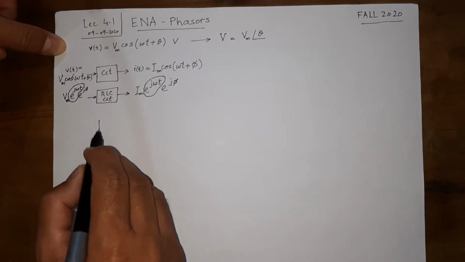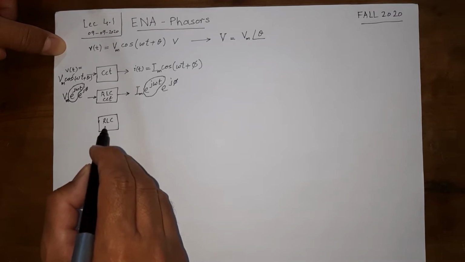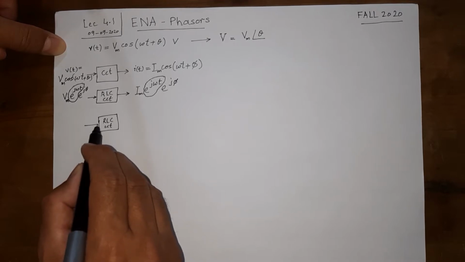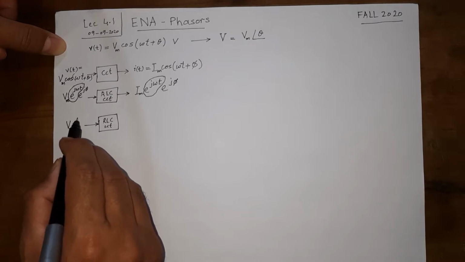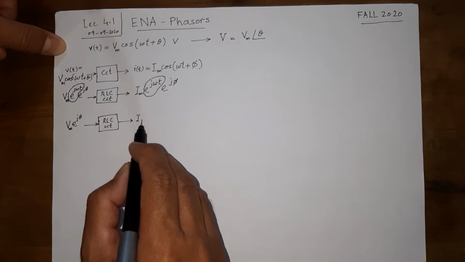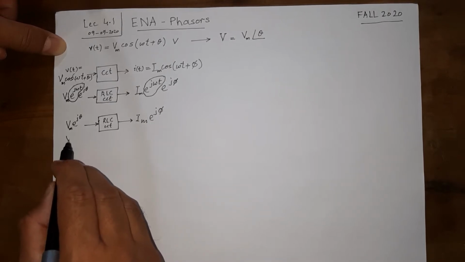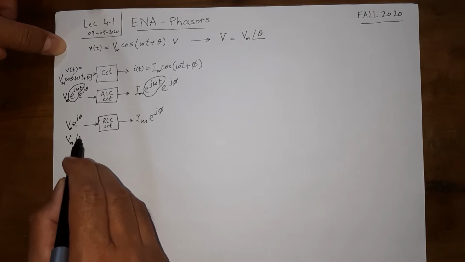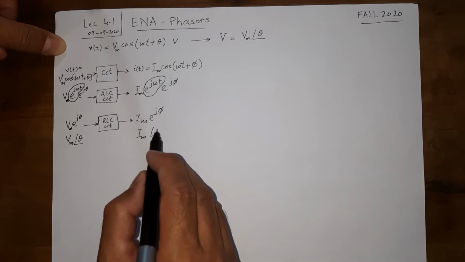What we are left with is an RLC circuit equivalent with the input a purely complex number in polar form, and the output a complex number in polar form. We can write this as Vm angle theta, and this as Im angle phi.